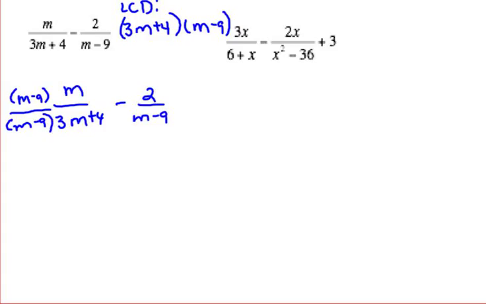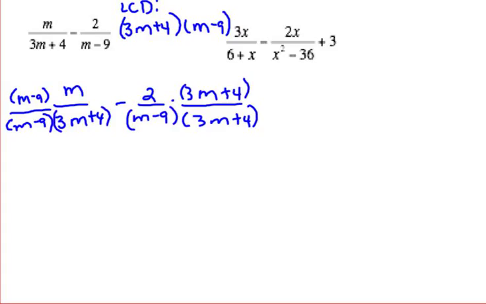To build a fraction, you have to multiply by the missing piece from the denominator and do it to both your numerator and denominator. So here what's missing from my LCD is the 3m plus 4. So that's what I'm going to multiply my numerator and denominator by. Put that in parentheses so you don't think we're distributing just part of it.